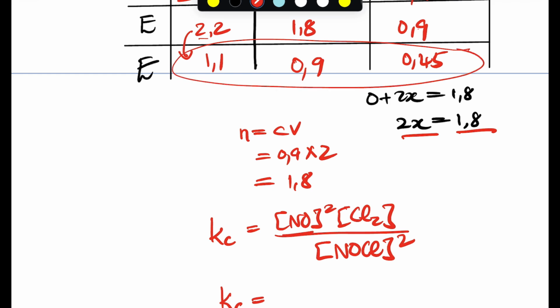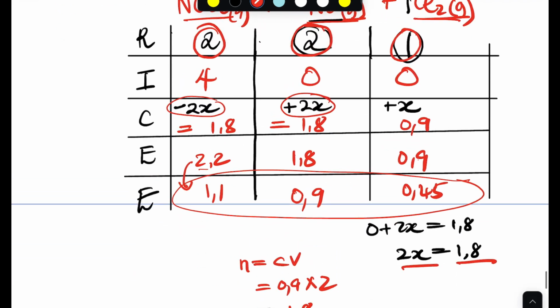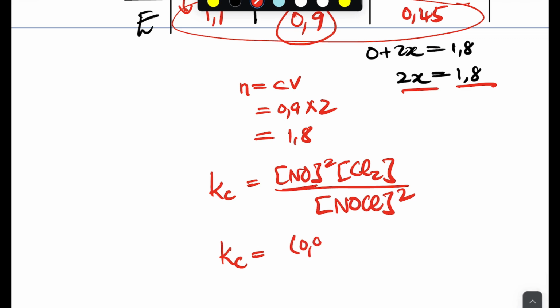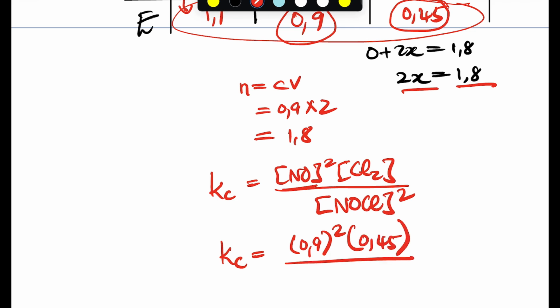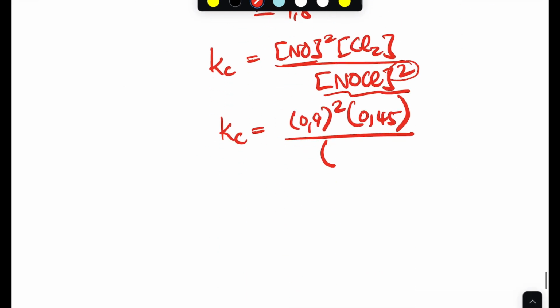Okay, so let's substitute now our concentrations, which are these, right? So the nitrogen oxide is what? It's 0.9 to the power 2, and the chlorine, it's 0.45, and all divided by the concentration of nitrosyl chloride, it's 1.1 to the power 2.